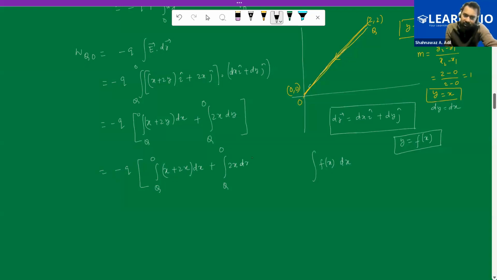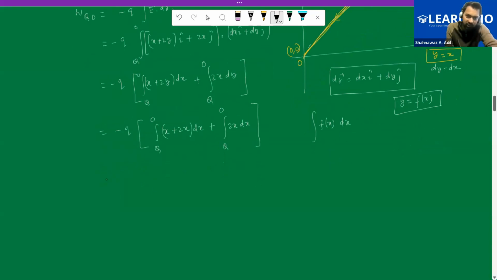So this is dx. So how much is this thing? This is minus q, and then this is x plus 2x and 2x. All these are the same integrals. So 5x dx, and we are going from q, which is 2, to this 0, right?